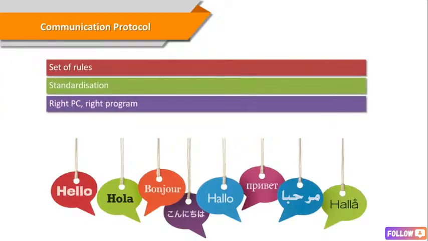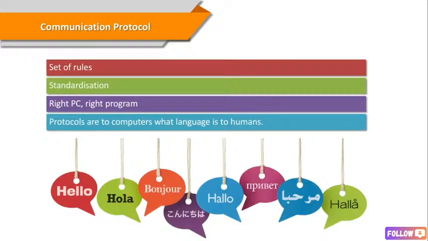Protocols are also typically in charge of sending the right data to the right PC, making sure the data gets to the right program, as well as organizing the data to be sent. Protocols are to computers what language is to humans. For instance, this course is in English. To understand it, you must be able to understand English. So similarly, for two devices on a network to successfully communicate, they must both understand the same protocols.